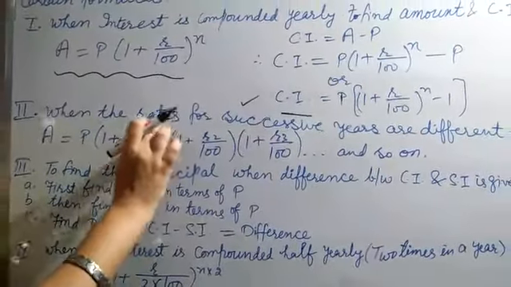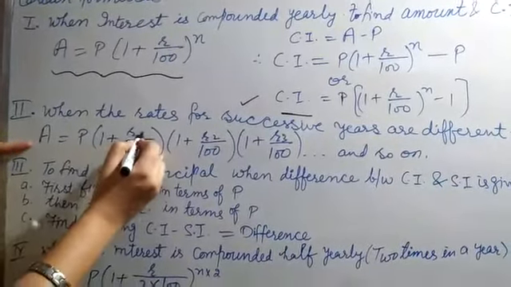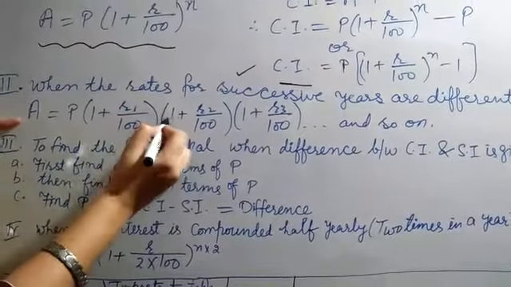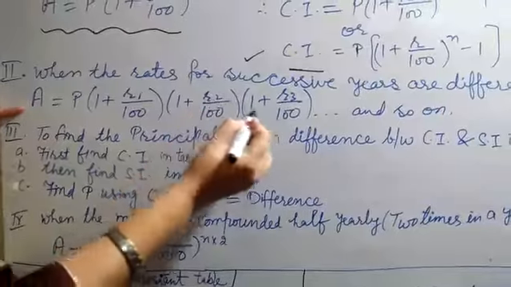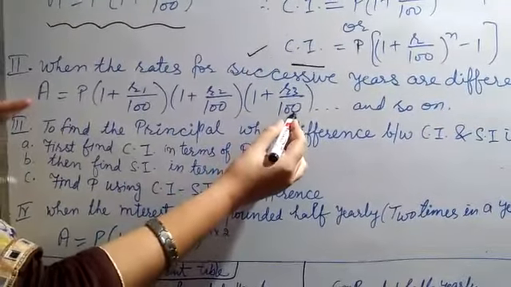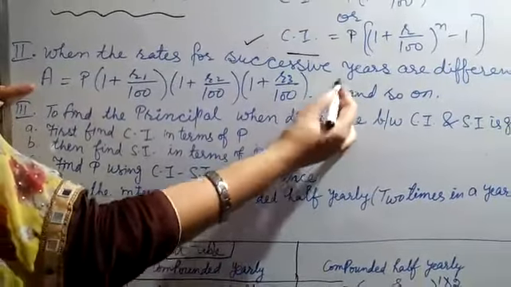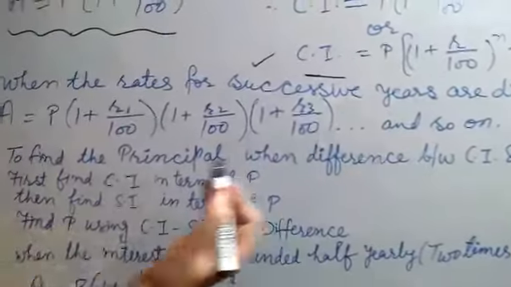So our formula becomes amount is equal to p into 1 plus r1 over 100, means whatever rate is given for your first year, then 1 plus r2 over 100, take the rate given for the second year, then 1 plus r3 over 100, means whatever rate is given for the third year, and so on. The brackets will go on for as many years as your rates are given.